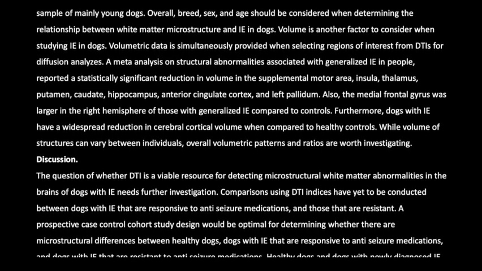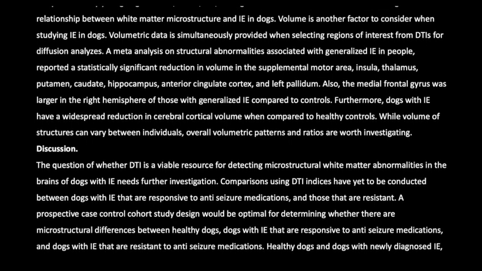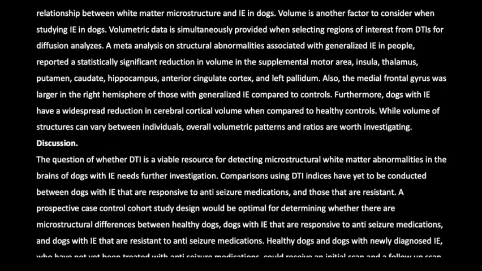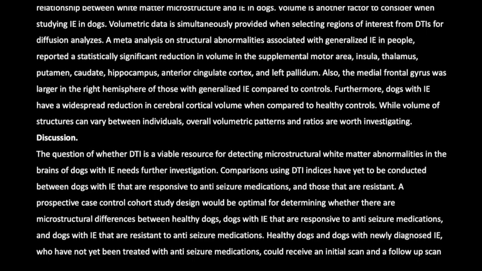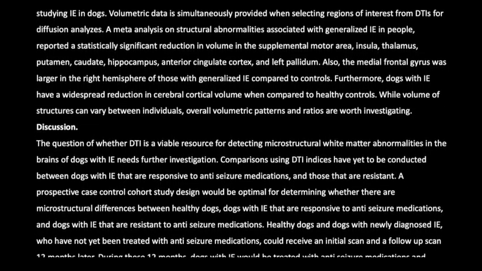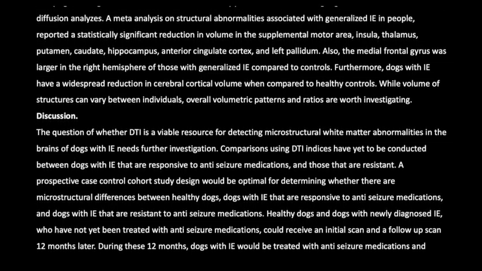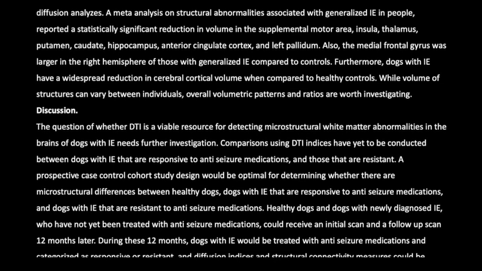Also, the medial frontal gyrus was larger in the right hemisphere of those with generalized IE compared to controls. Furthermore, dogs with IE have a widespread reduction in cerebral cortical volume when compared to healthy controls. While volume of structures can vary between individuals, overall volumetric patterns and ratios are worth investigating.